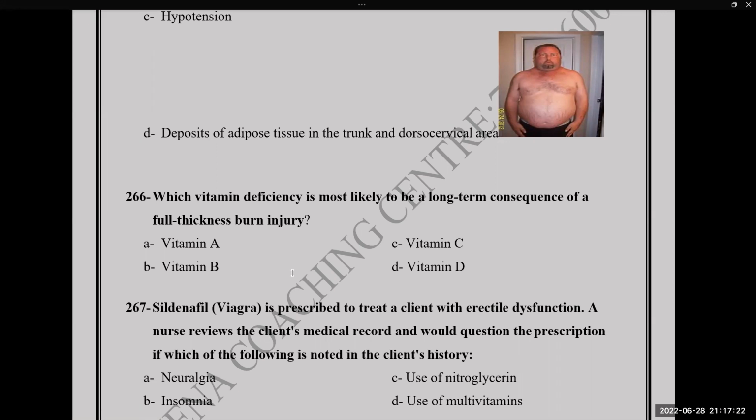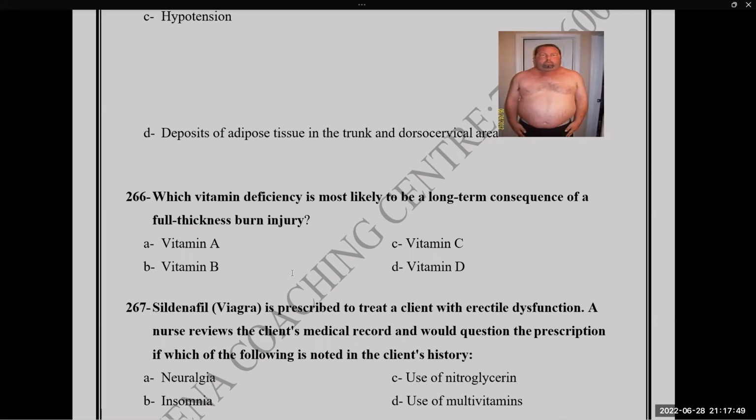So what vitamin deficiency is expected as a result of long-term consequences? It is not something related with the immediate effect. What are the long-term consequences associated with a full thickness burn injury where skin has completely got damaged? So when skin got damaged, what are the complications that are expected?